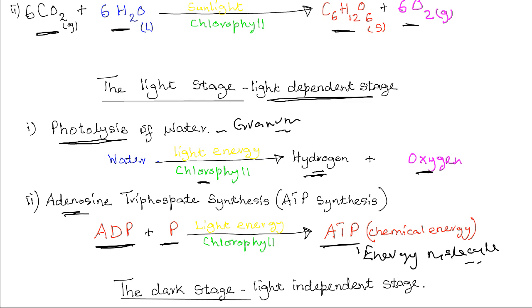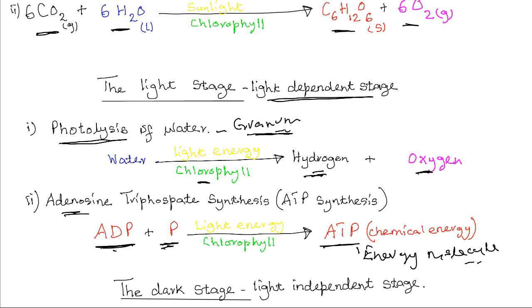And during this stage, carbon dioxide combines with hydrogen to form simple carbohydrate. This combination, the reaction between carbon dioxide and hydrogen, is known as the carbon dioxide fixation process.